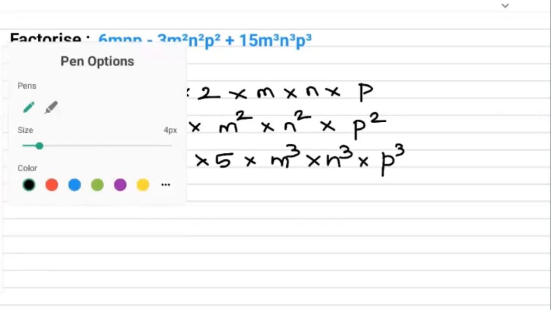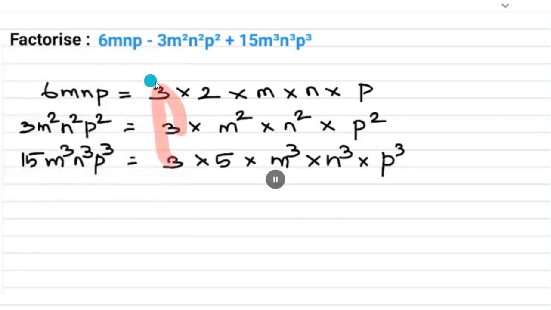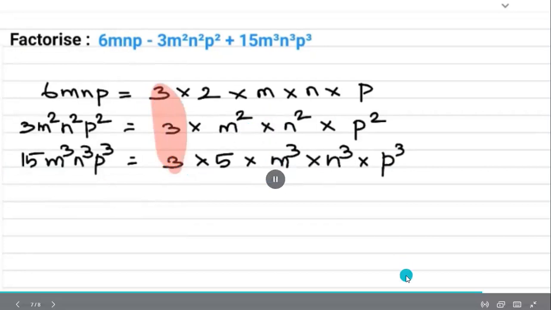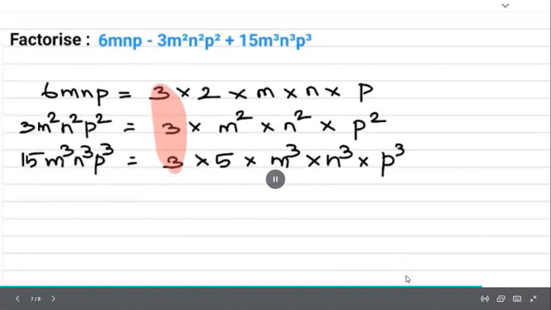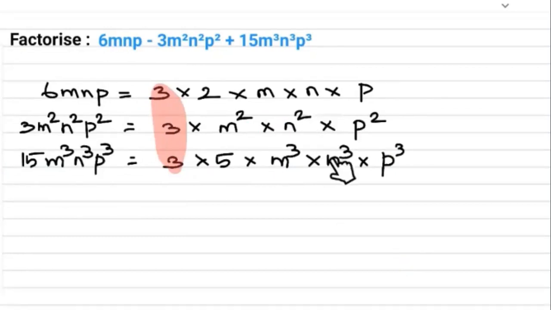So find the common factors now. 3 is common, and here we have m squared and m cube, so take the minimum power. Next n squared, n cube. Next p squared, p cube.